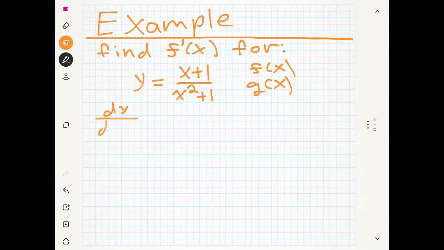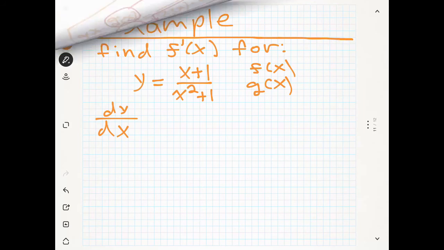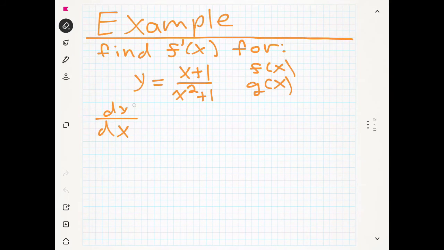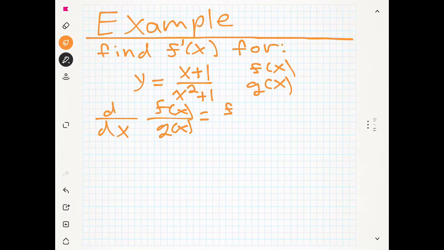Well, we just saw together that the derivative, dy over dx, of f of x over g of x is again very similar to, for the top part at least, the product rule. However, there's a subtraction sign instead of an addition sign, and the order does matter.